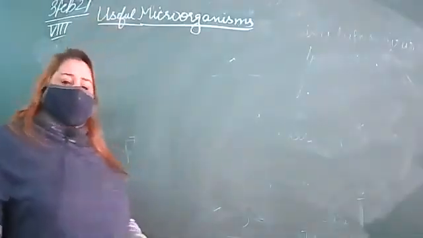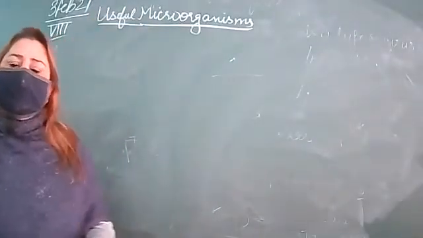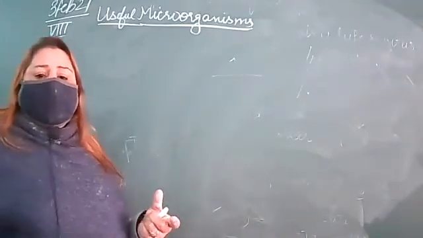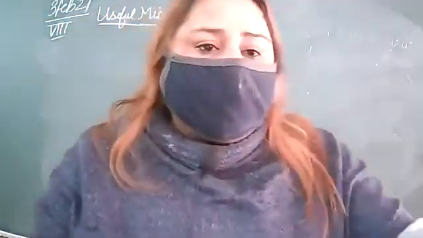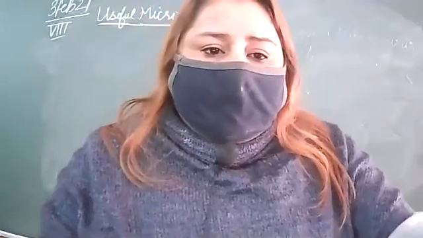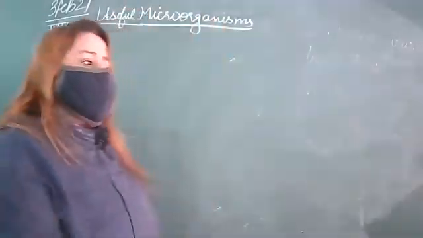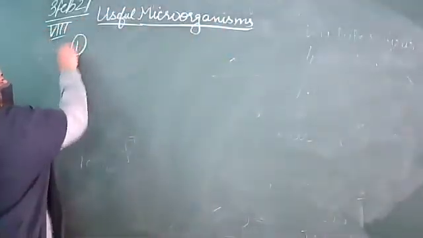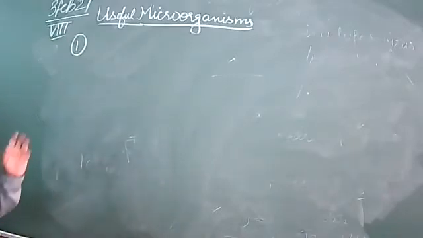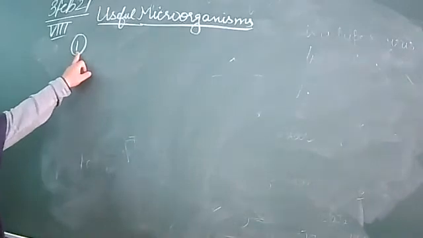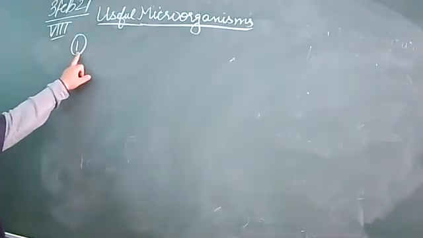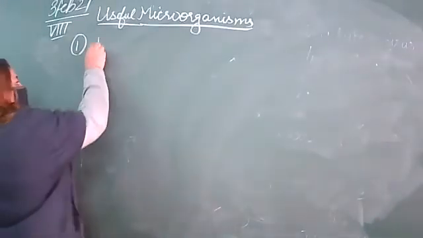How they are useful? As we discussed, when we make curd, how is curd formed? So write down the first point, how microorganisms are useful for us. Write down number 1, making of curd and bread or food items.